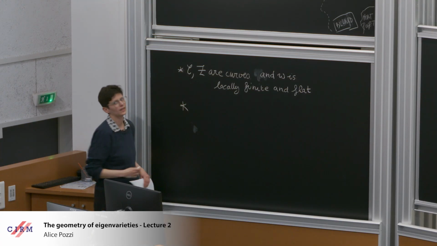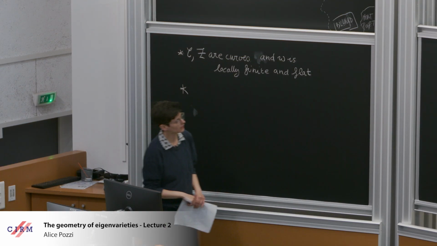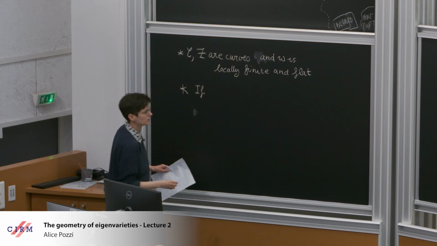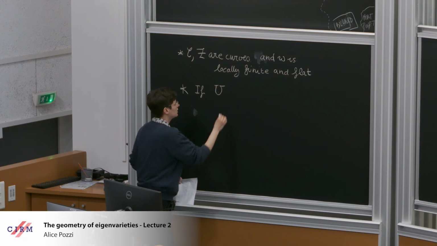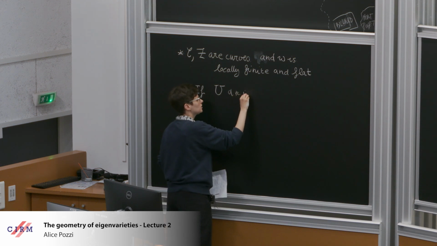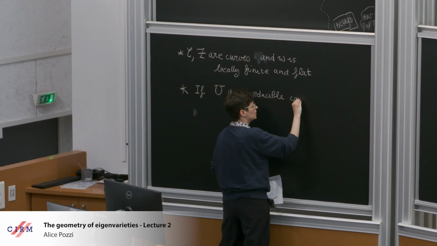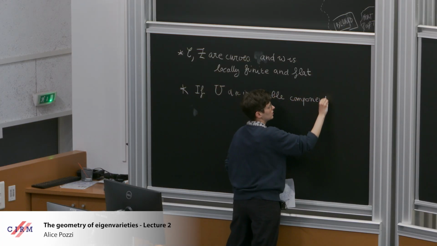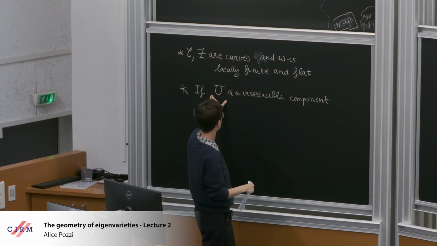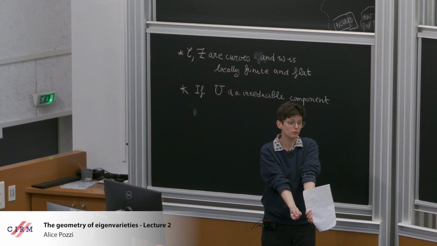Another property that is also not too hard to show in this case: if I take, let's call it U, an irreducible component, that's not good notation, but we're going with that, then I can look at the image of the weight map for this irreducible component, and that's going to hit a component of the weight space.